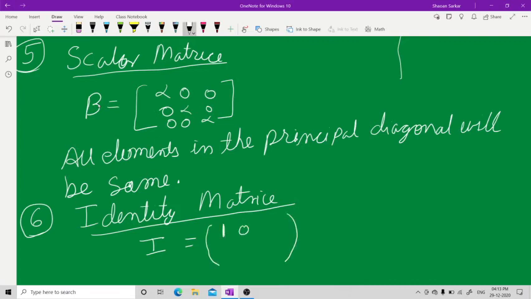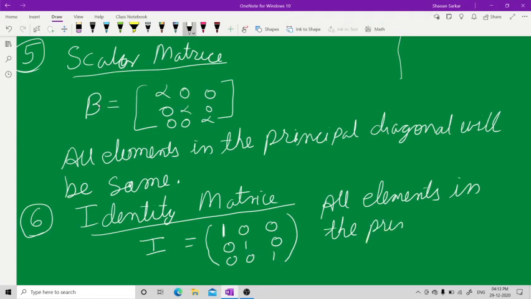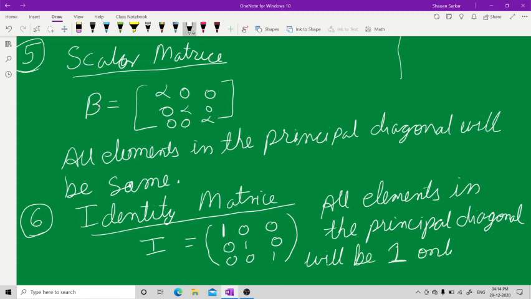All the elements on the principal diagonal will be one only.